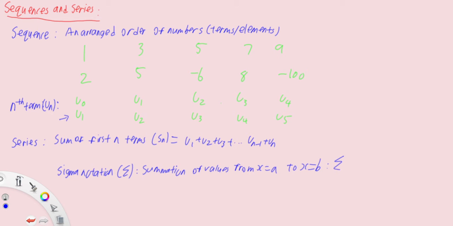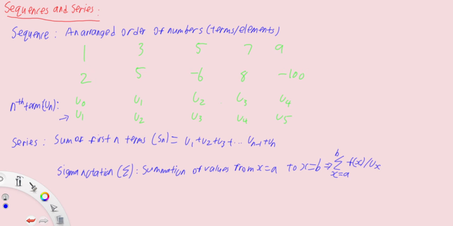How do you use a sigma notation? Basically it works like an integral sign. There's a lower limit, x equals a, and the upper limit is simply b. Then inside is the formula or the function you want to apply the sigma notation to. So you can have f(x) or u subscript x. It really depends.